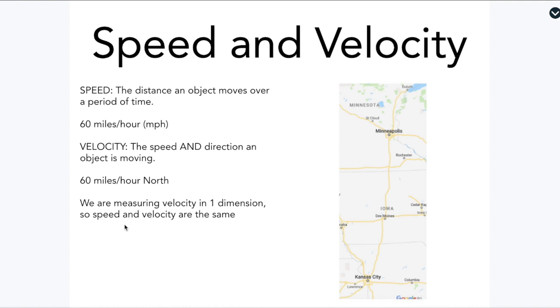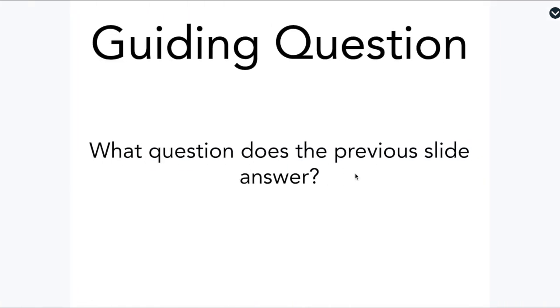So for that reason, we are going to use the words speed and velocity interchangeably throughout this unit. But do know we are doing that for a specific reason, and that is because we are measuring things in one dimension, which makes speed and velocity the same thing. What question does the previous slide answer?